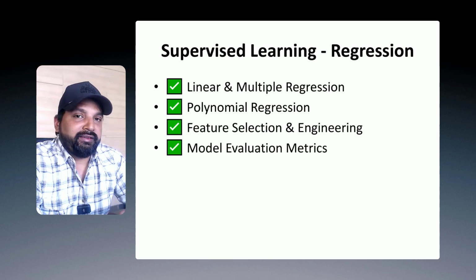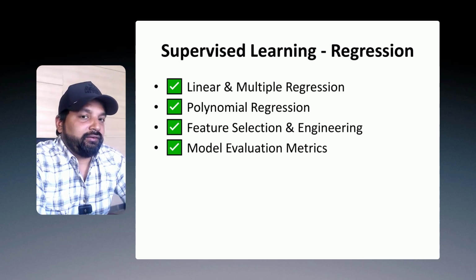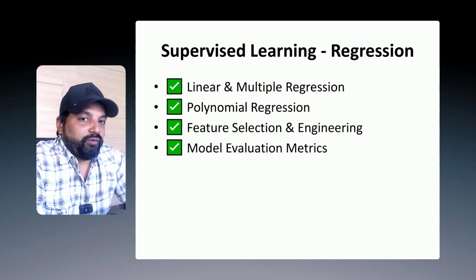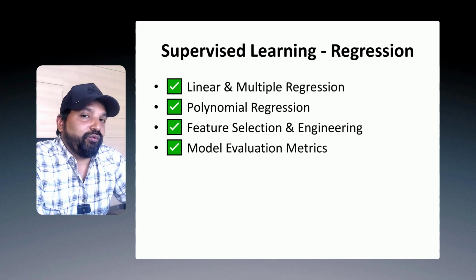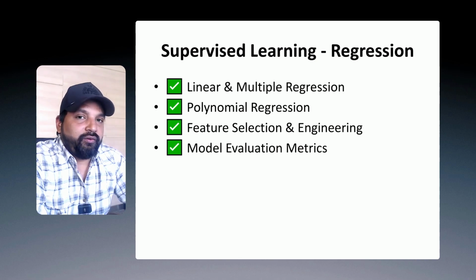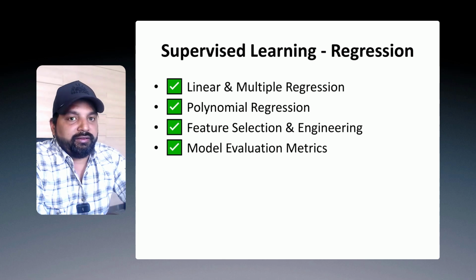In the supervised learning regression section, we will get to know linear and multiple regression, what polynomial regression is, how we do feature selection, and what feature engineering is. How you will evaluate the model, how you will calculate the performance of your model even after your training has been completed. So these all come under supervised learning and regression.